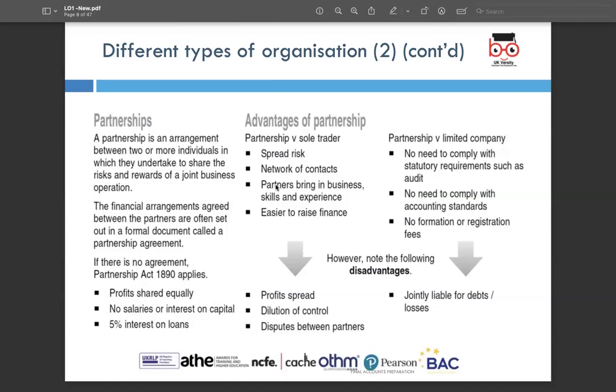In a partnership, profits are often shared equally among partners, and there are usually no salaries paid to partners, no interest on their capital contributions. But partners may receive 5% interest on loans extended to the partnership.